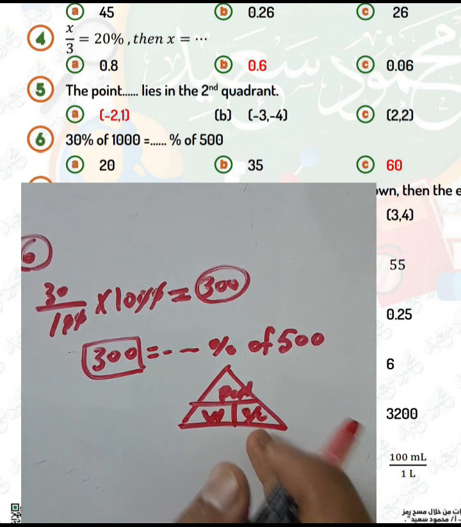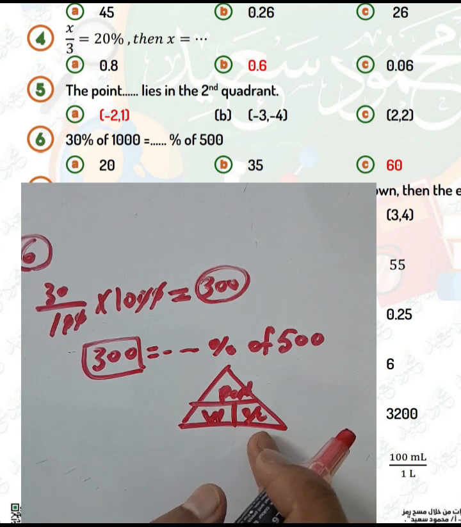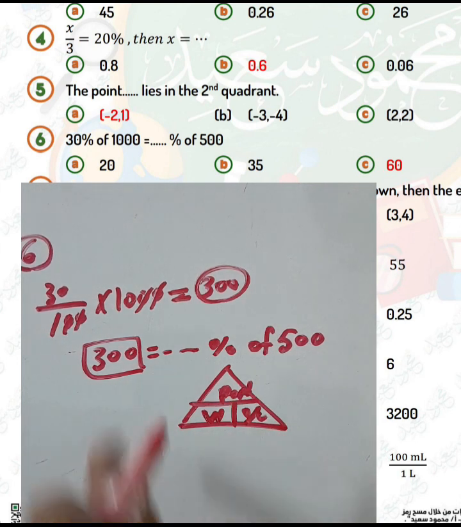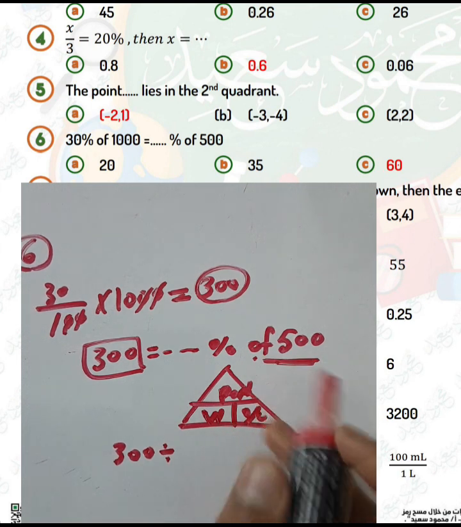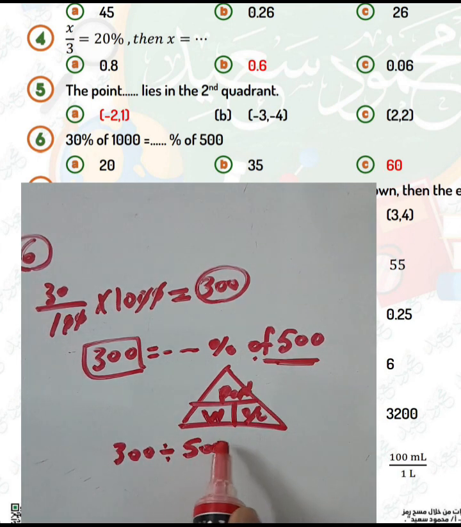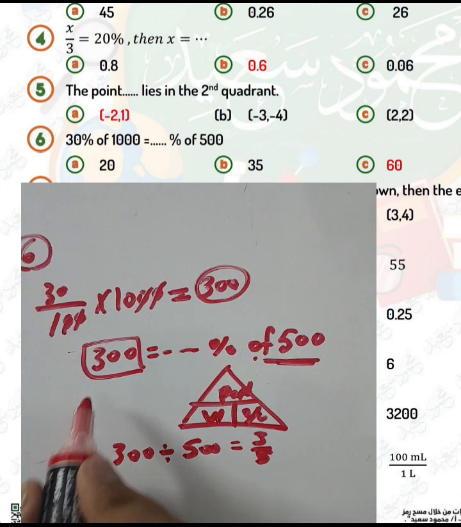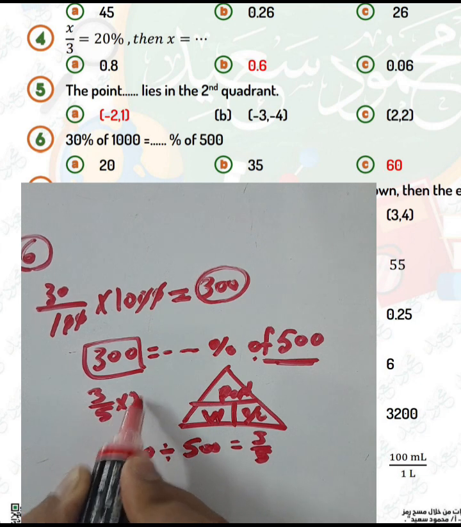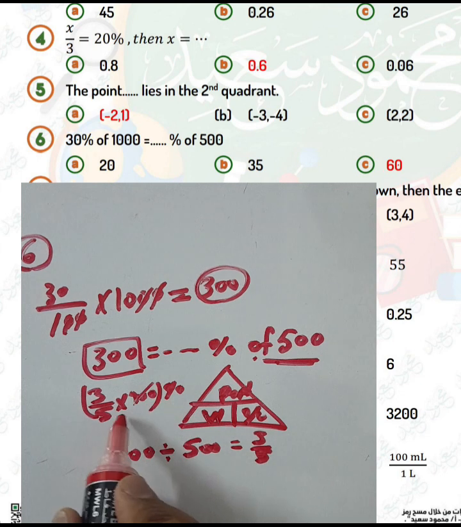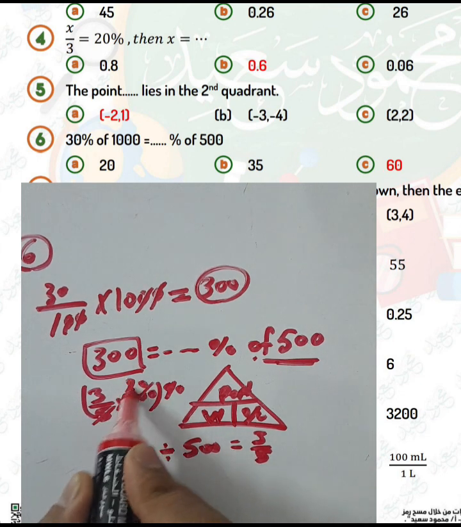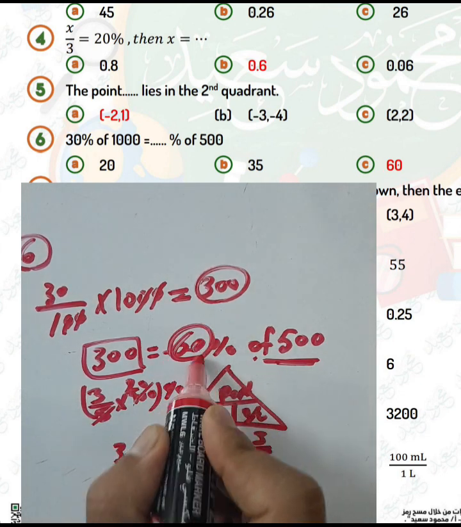If you want to find the percent, you must divide the part by the whole number: 300 divided by 500. It will be 3 over 5, and then you can convert 3 over 5 to a percent by multiplying by 100 and dividing by 5. 100 divided by 5 equals 20, and 20 times 3 equals 60. Then the result will be 60%.